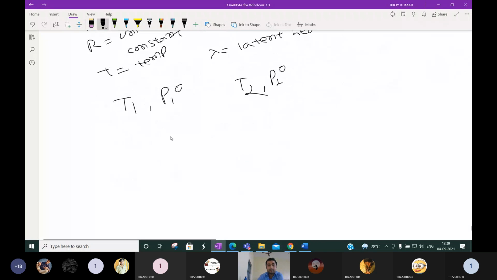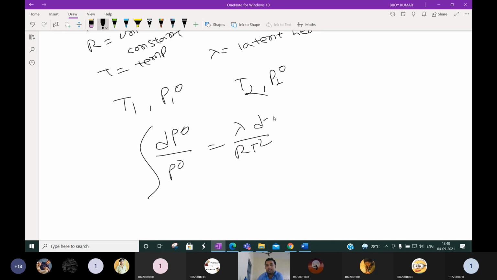So the integration of dP0 by P0 is equal to the integration of lambda by RT square dT. The limits will be T1 to T2 for temperature, and P10 to P20 for vapor pressure.